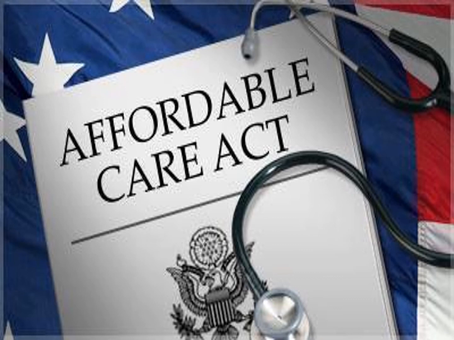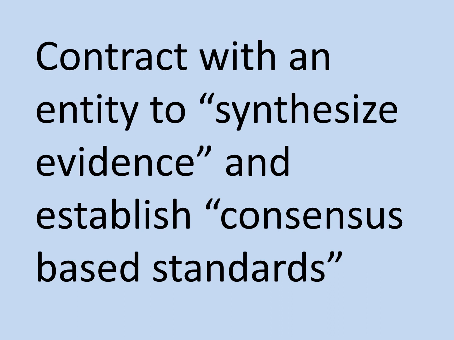So in 2010, you'll recall that President Obama signed the Affordable Care Act. In the Affordable Care Act, which, by the way, of course, we still have, at least for right now, is a section 3056, and in that section of the law is this, which directed CMS, it directed the agency to contract with an entity to synthesize evidence and establish consensus-based standards, which is basically contract with somebody to designate them to be the official certifier of decision aids.